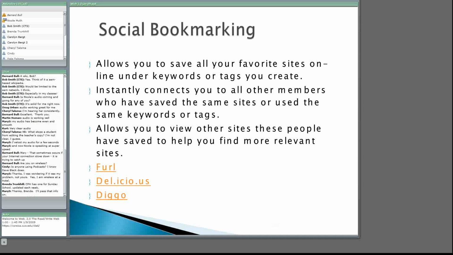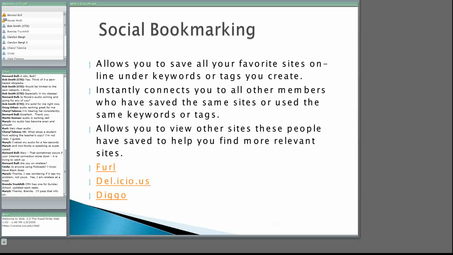Now, that can be helpful because it can take you to other sites that might be relevant to the things that you're looking for. Another thing that you can do with social bookmarking is you can use unique keywords that only your group would use, and that way it allows you to share a bunch of resources with other people.